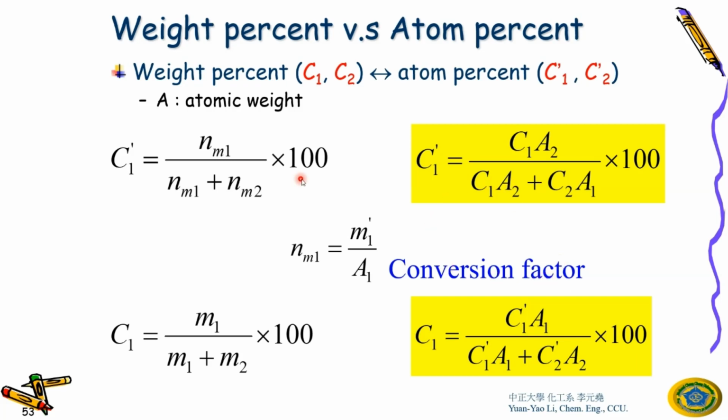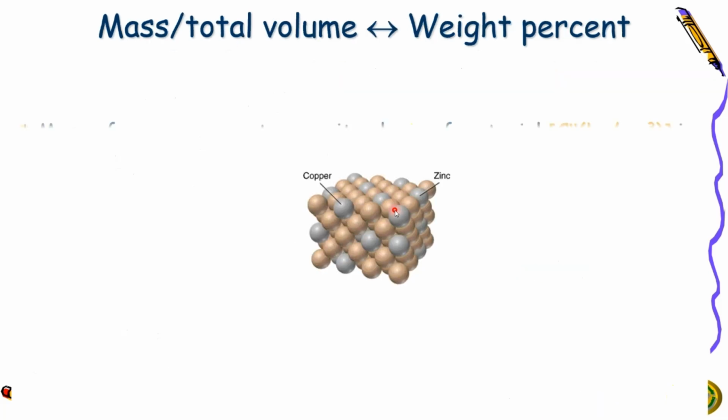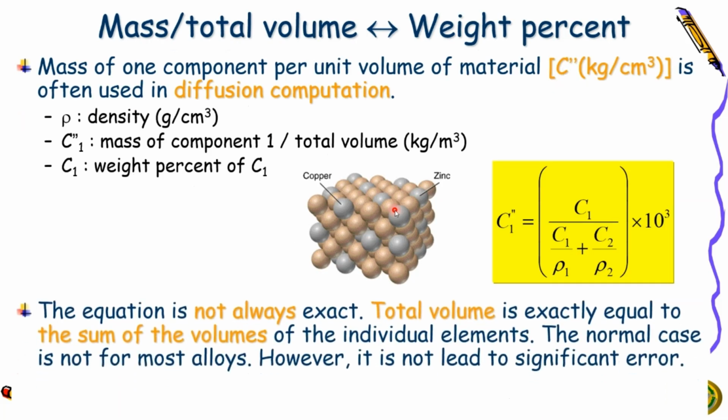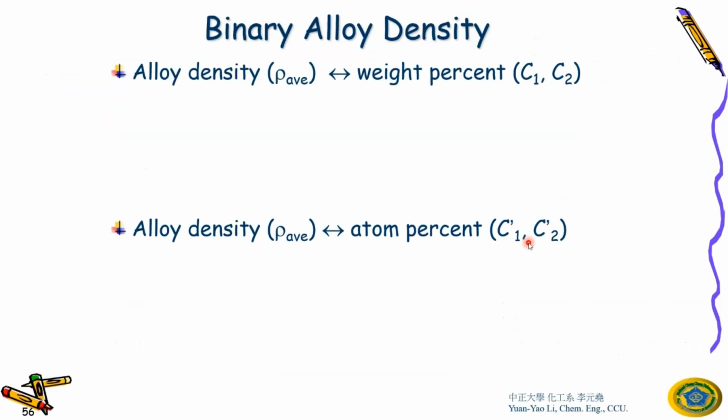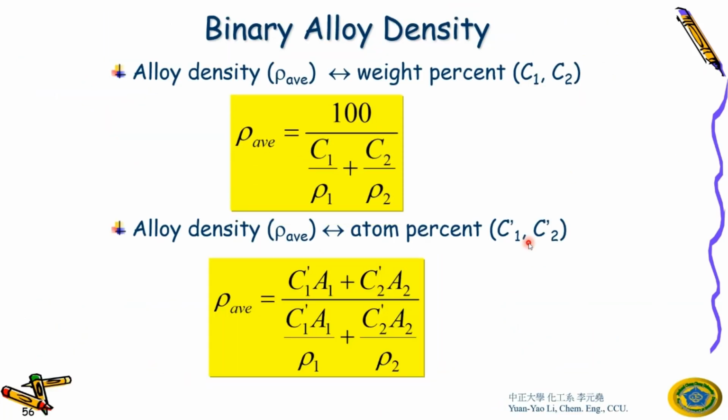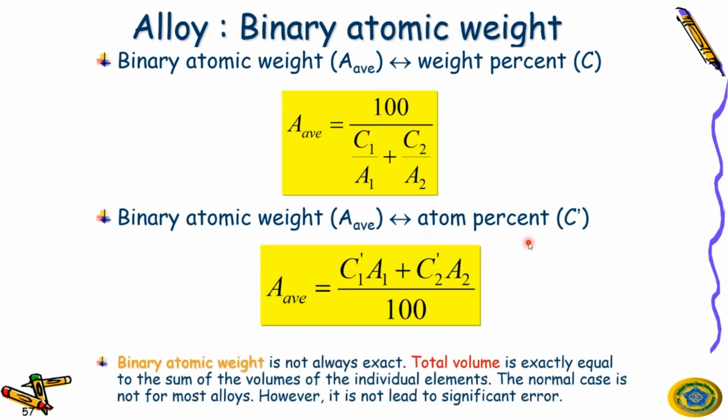But I don't think I will give you this kind of easy question in your final exam. Please read this by yourself. You also need to do the conversion of atom percentage to weight percentage or mass per total volume, something like this. I don't have time, so I just skip this.